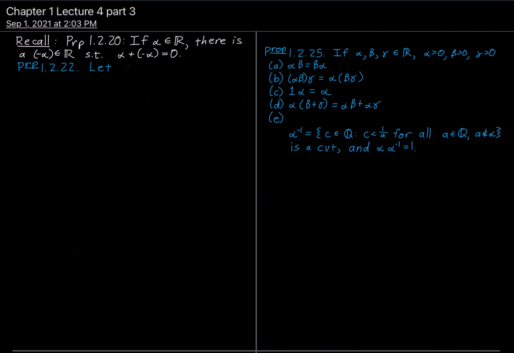This isn't too hard to prove. We're going to let alpha, beta, and gamma be real numbers. So the proof of this is an exercise. The first part is that the map, or should I say the function, that sends each alpha to negative alpha is well defined. So it is a function.